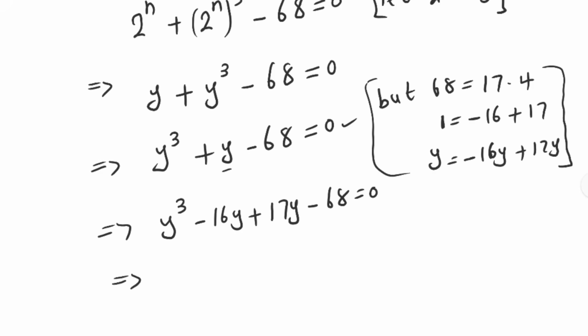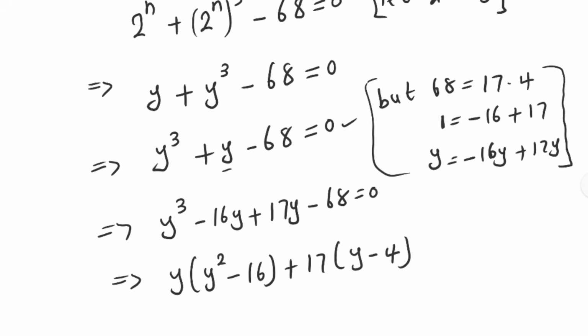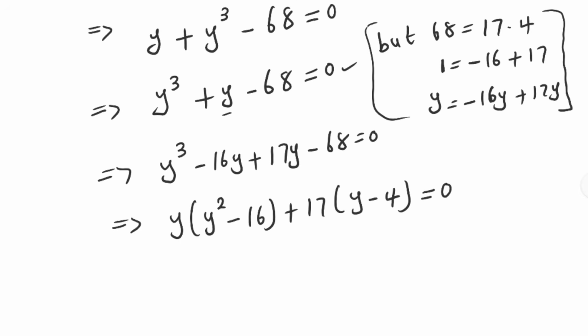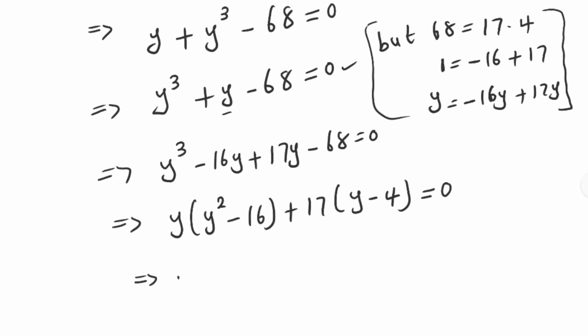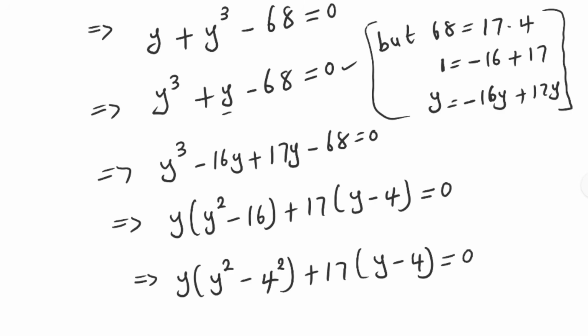Then here we have y bracket y square minus 16 plus 17 bracket y minus 4 is equal to 0. This is y bracket, y square minus 16 can be written as 4 square, plus 17 bracket y minus 4 is equal to 0.